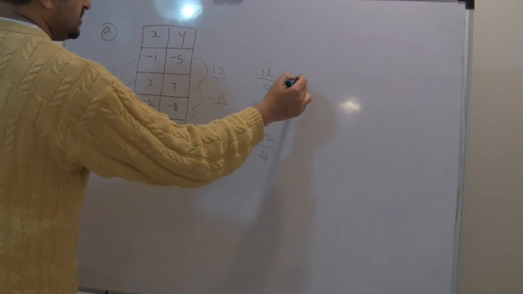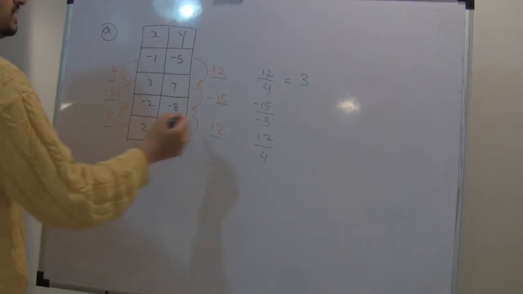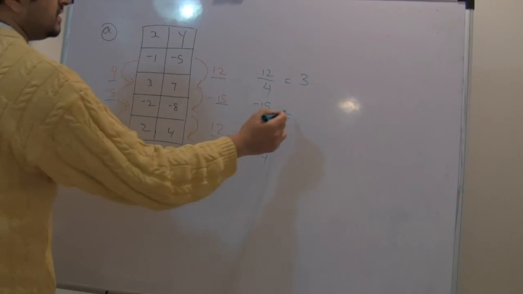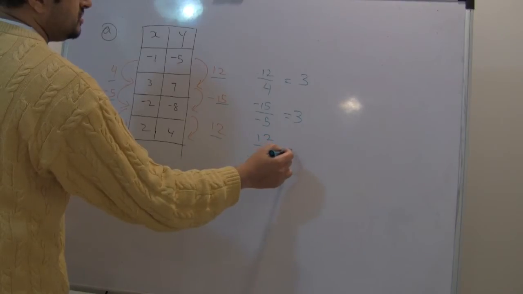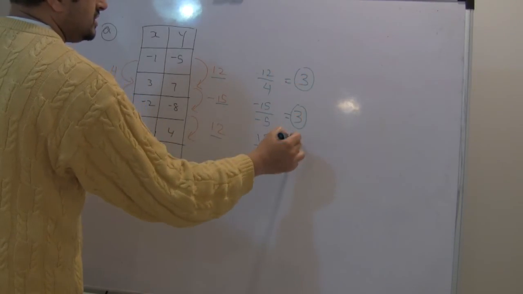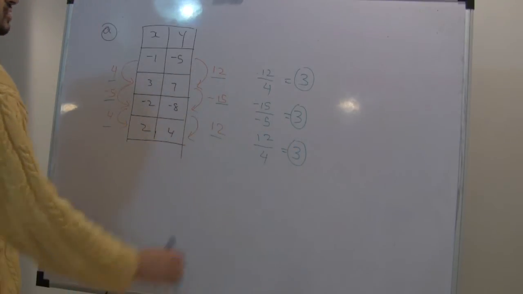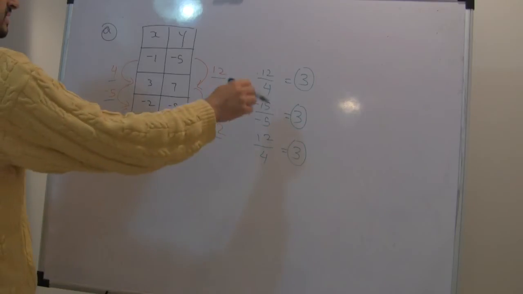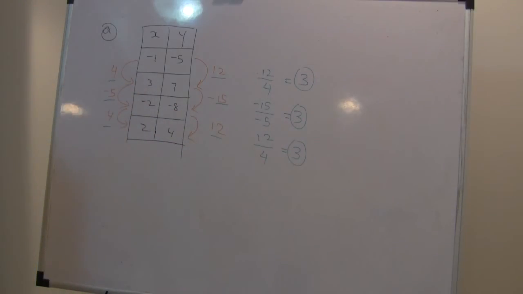So 12 divided by 4 is 3, negative 15 divided by negative 5 is again 3, and 12 divided by 4 is 3. So the rate of change is 3 everywhere, which means the rate of change is constant.